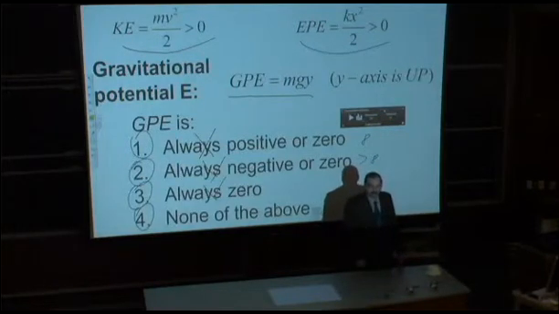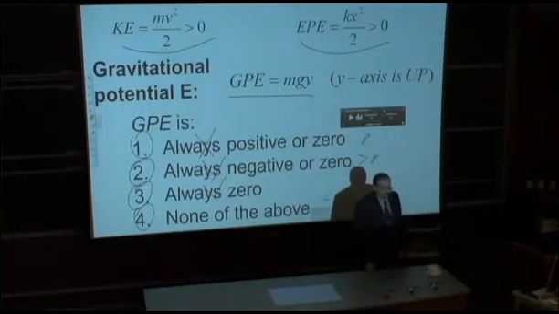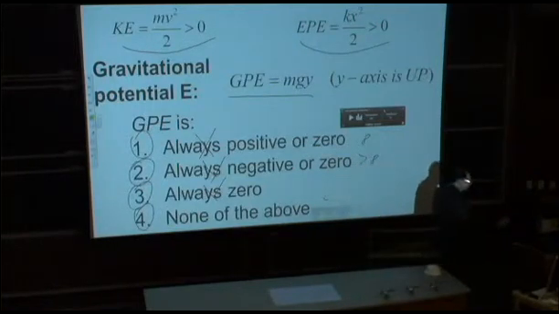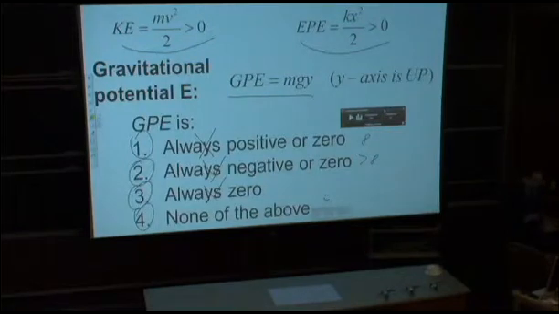So it's up to us. And if we start counting from any level, the energy can be positive, the energy can be negative. So if this is my axis and this is my 0, if an object is above 0, gravitational potential energy will be positive, but if the object is below 0, gravitational potential energy will be negative.